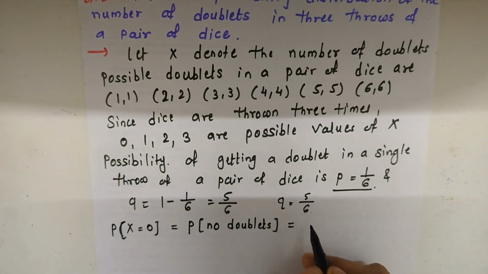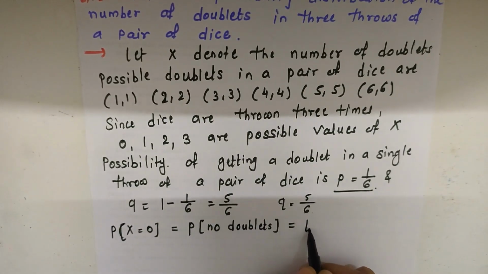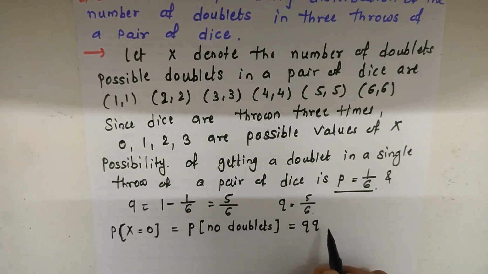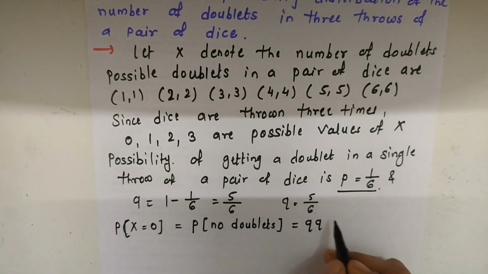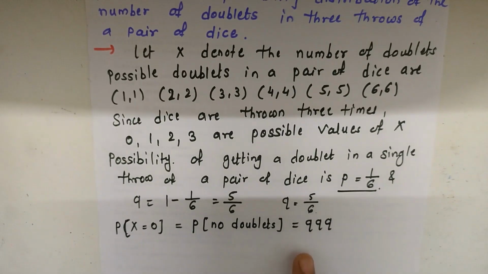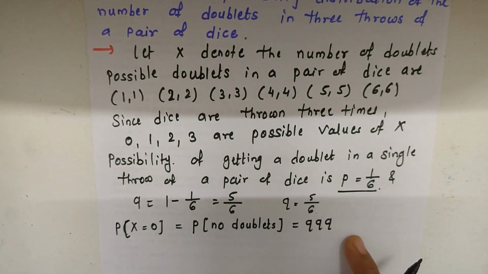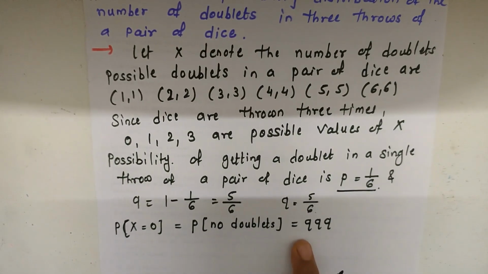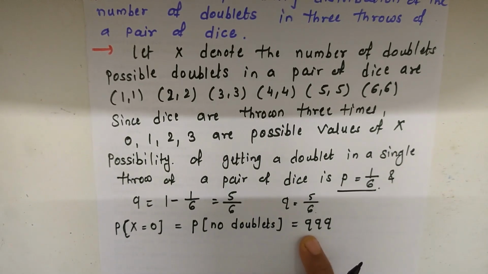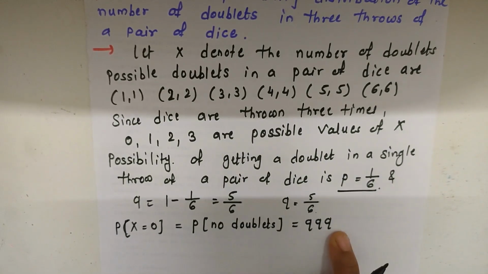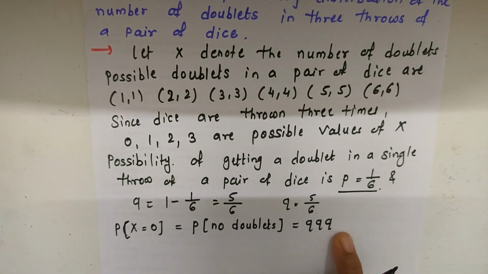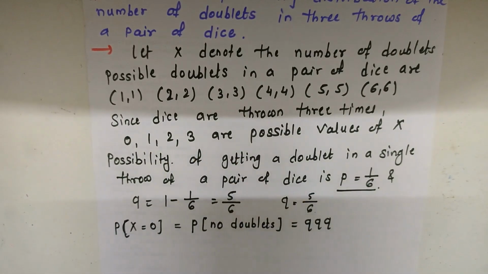That is, in all 3 times we will not get a success, so we get a failure: Q into Q into Q. This can be written in product form: 3 times failure, the product of 3 times Q, when dice are thrown 3 times.